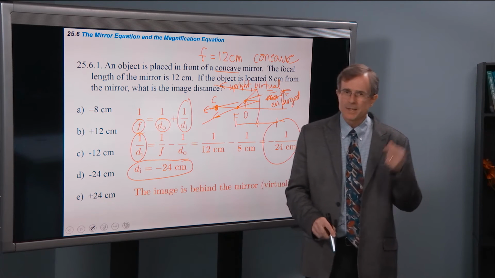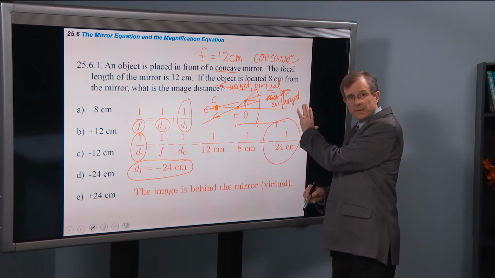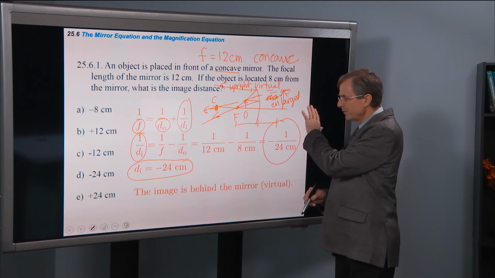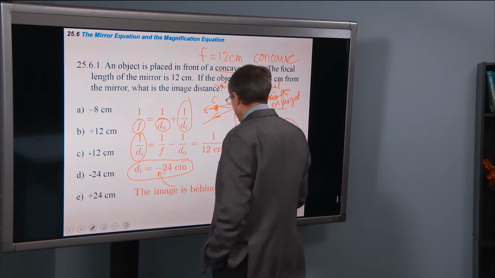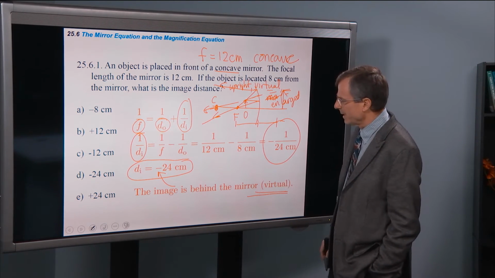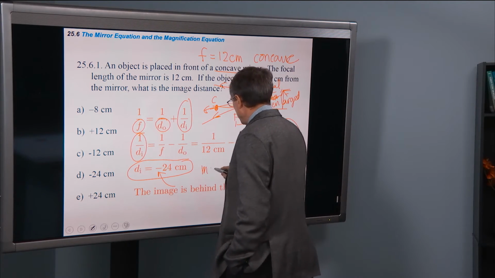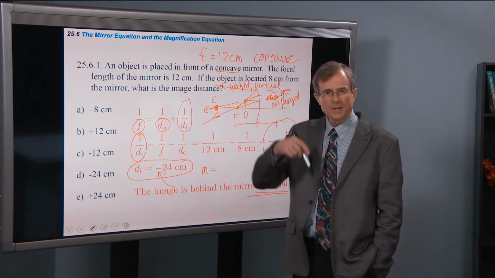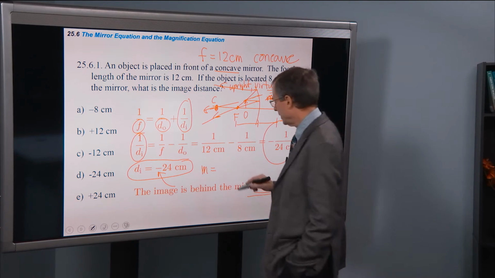But if di is negative, it means that the image is over on the other side of the mirror, and the image must be virtual. So that minus sign gives you the information that the image is virtual. Let's also do the magnification. Magnification is the height of the image divided by the height of the object.